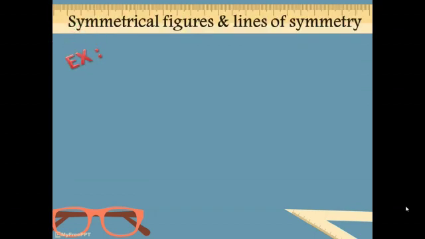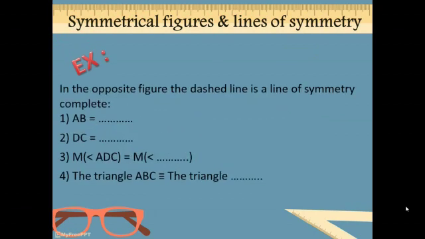Now let's take an example. In the opposite figure, A, B, C, D. The dashed line, the red one, is a line of symmetry. We have agreed that a line of symmetry will divide any geometrical figure into two congruent parts, which means that the corresponding sides are equal in length and the corresponding angles are equal in measure.